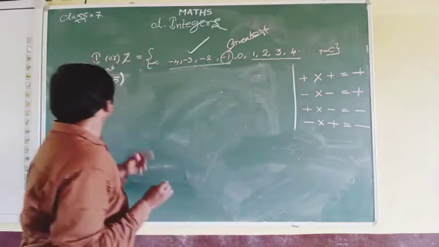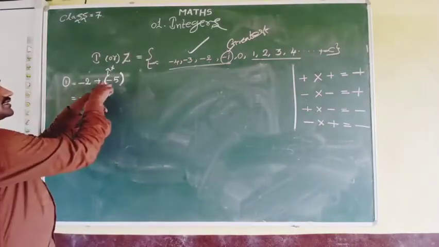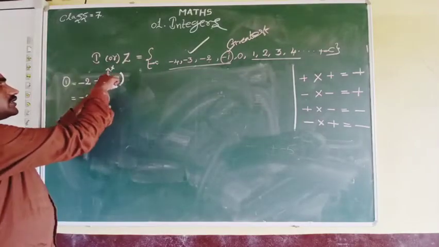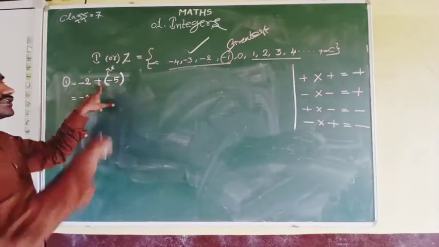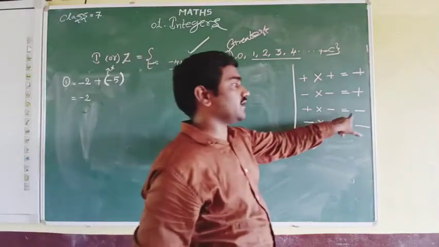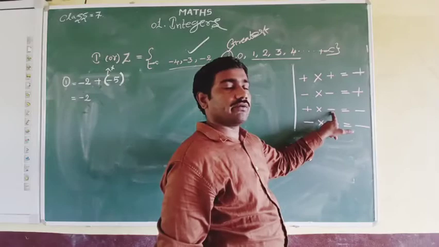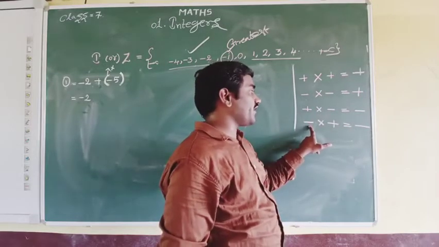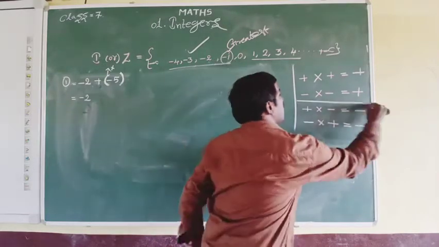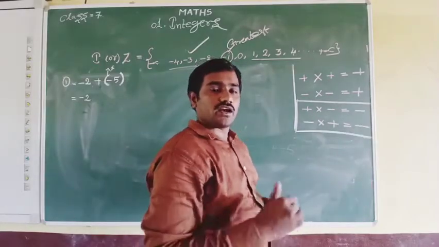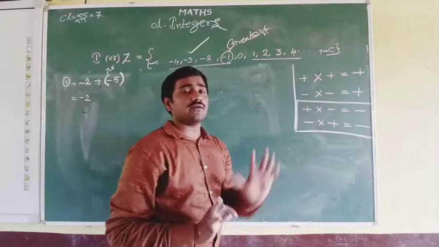Okay, let's do it. Here the bracket is nothing but, as I have just told you, a multiplication: plus into minus. Plus into minus is always minus. The product of one positive and one negative number, or else the product of one negative and one positive number, is always negative.